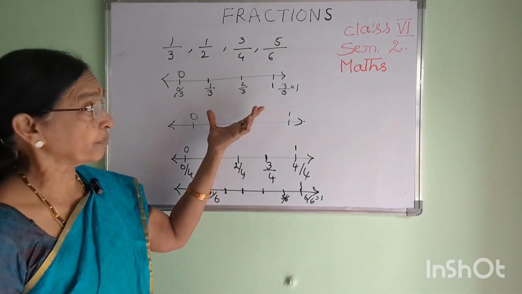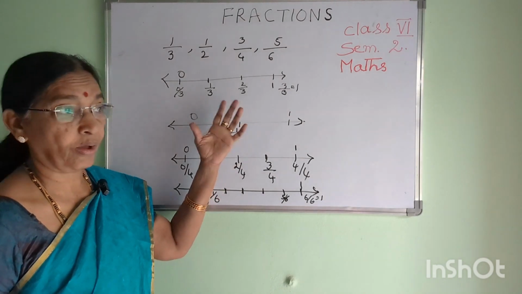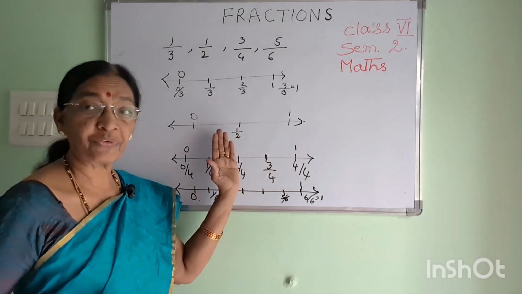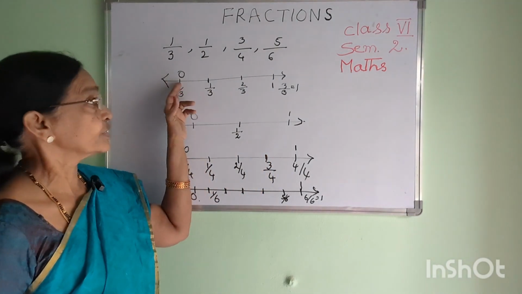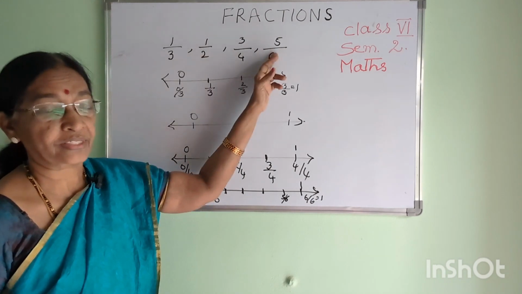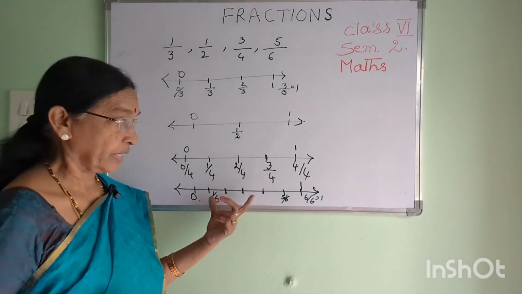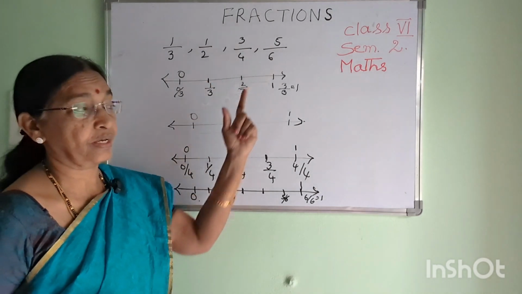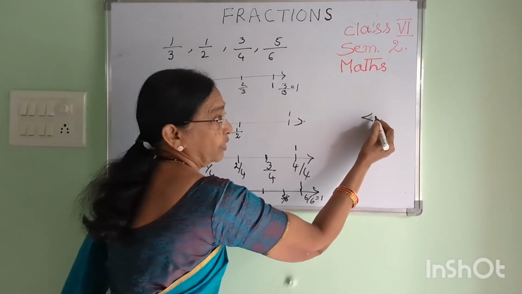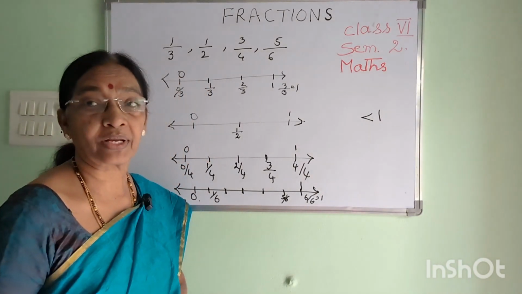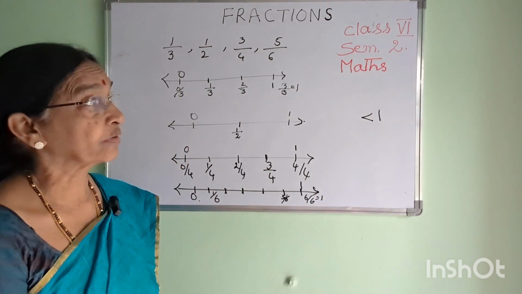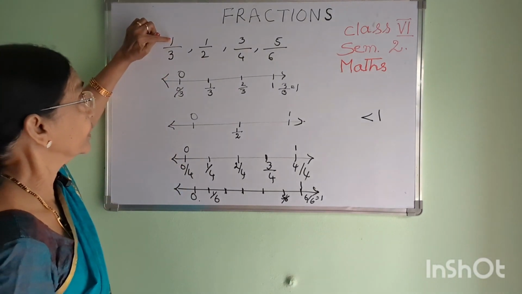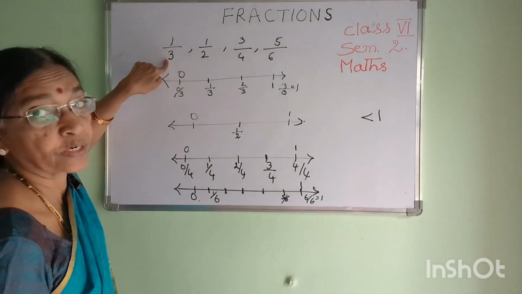But on all the number lines, the fractions are before 1, or between 0 and 1. All these fractions are lying between 0 and 1. That is, the value of all these fractions is less than 1. And one other thing we can observe here, that the numerator is less than the denominator.